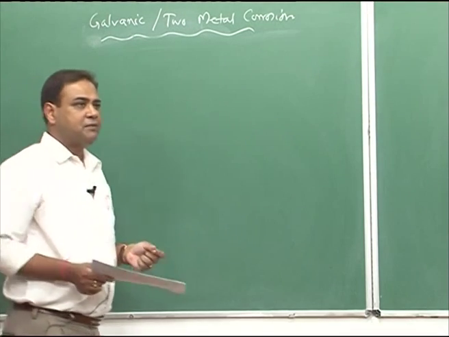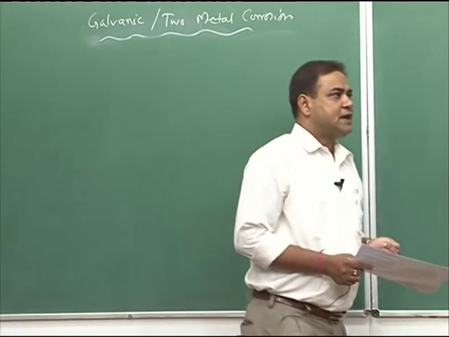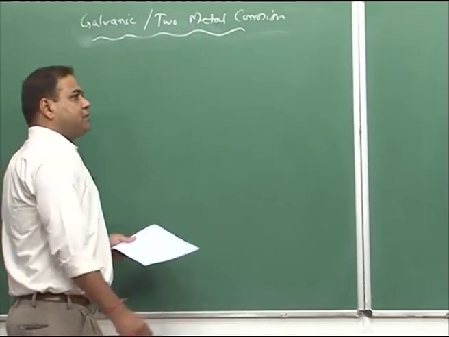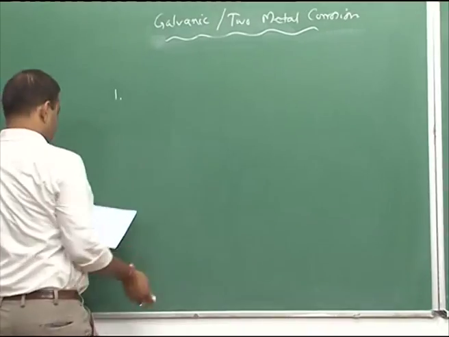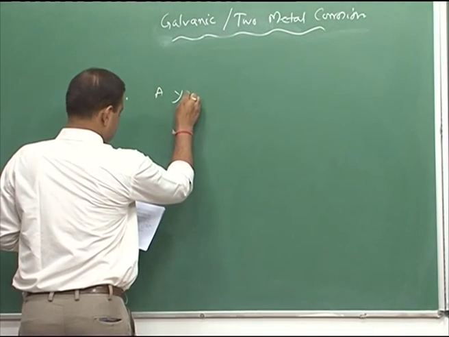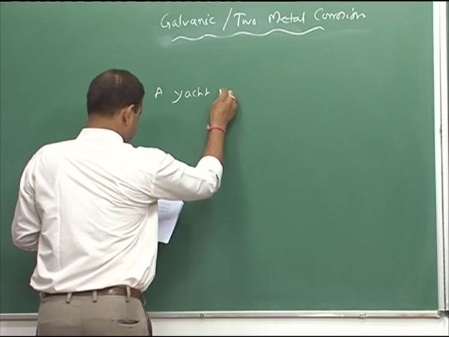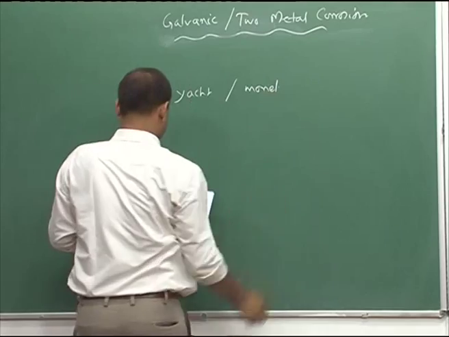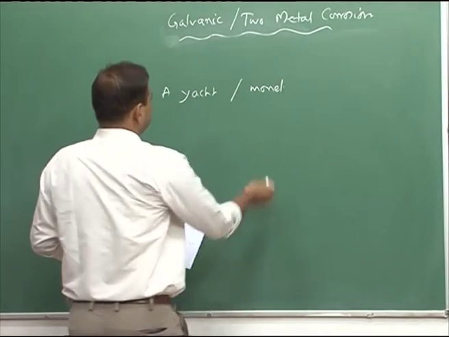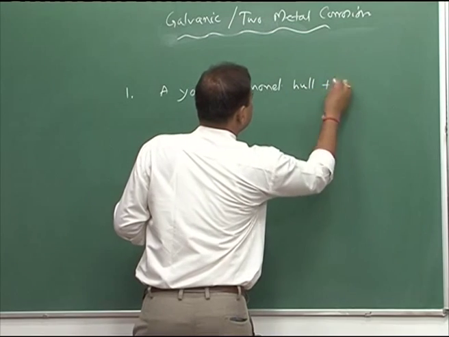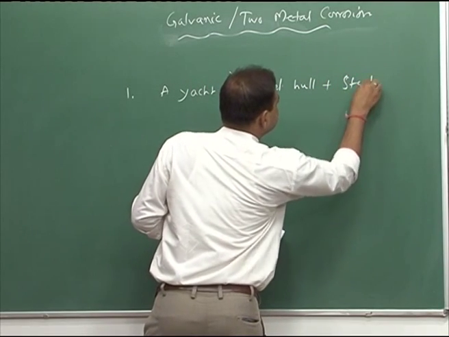Now, let us get into some practical examples of galvanic corrosion. One example is a yacht with a monel hull plus steel rivet.